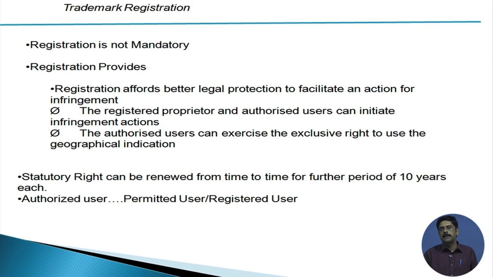Similarly, sound can be registered as a trademark based on the description of the sound along with the notation you are using. Till date in India we have registered sound as a trademark, but no smell has been registered. So, non-traditional trademarks include sound, smell, all sorts of things.